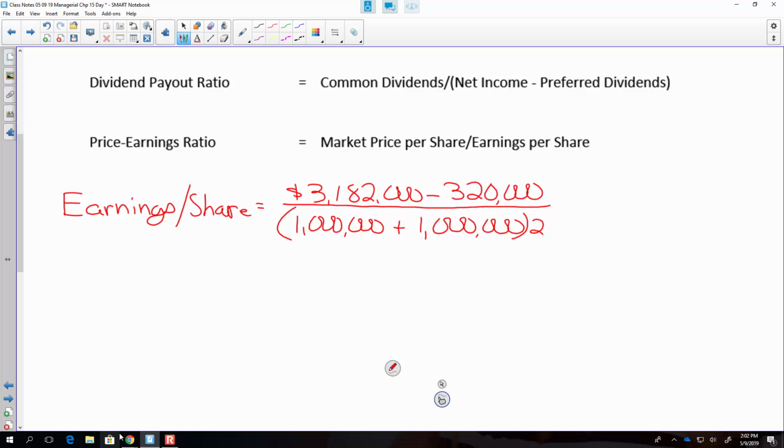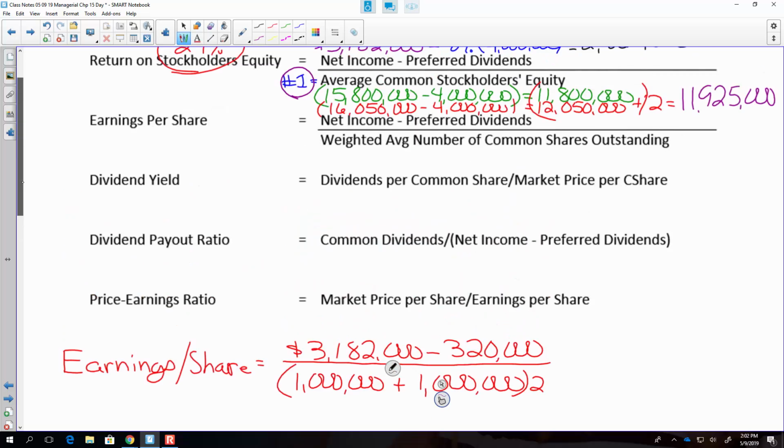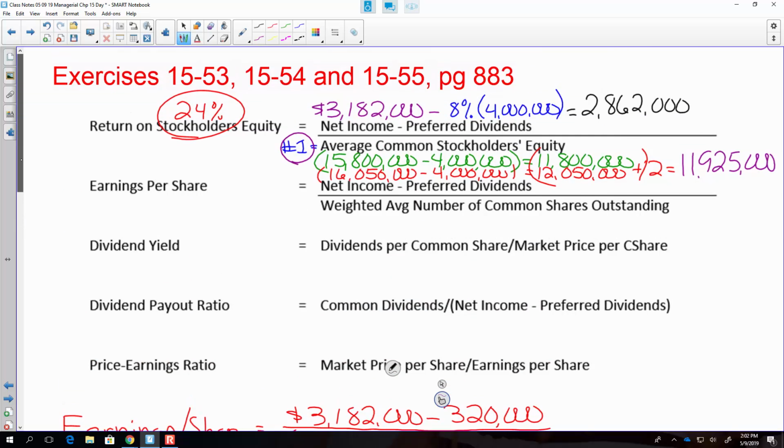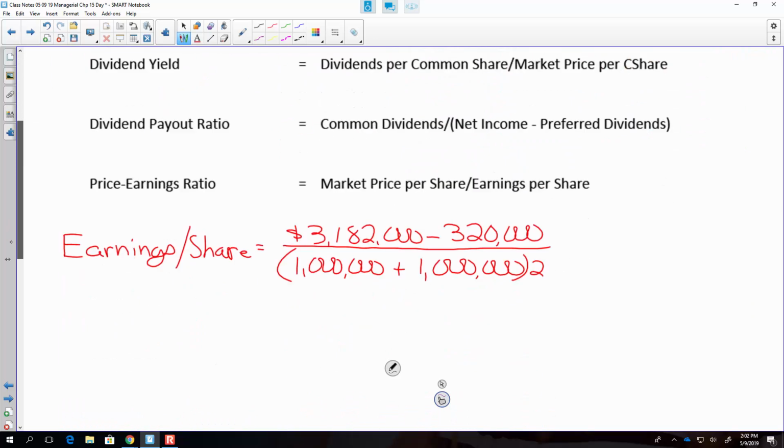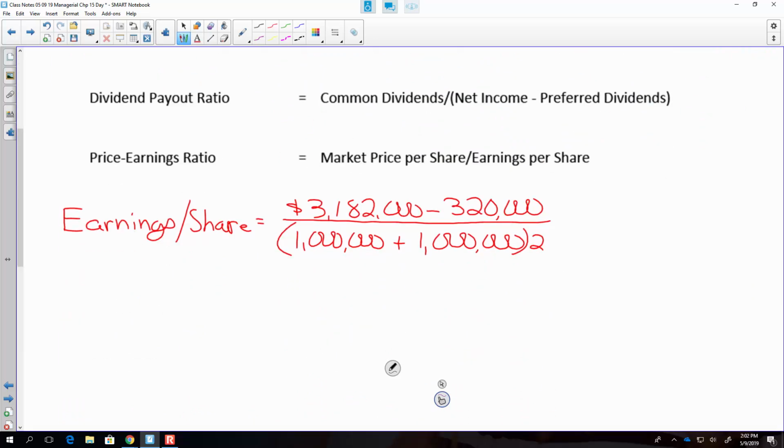So now it's a pretty simple computation. I'm going to get my amount here, which is 2,862,000, which is what we computed before. I'm going to divide by 1 million shares. So the top number is dollars, the bottom number is shares.